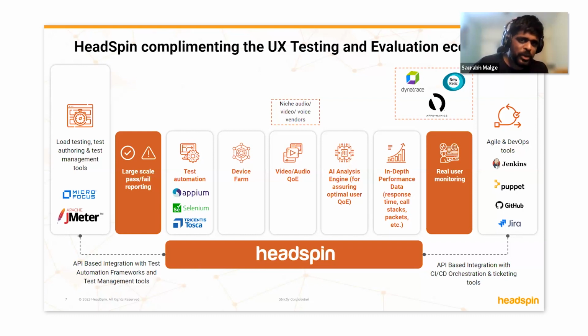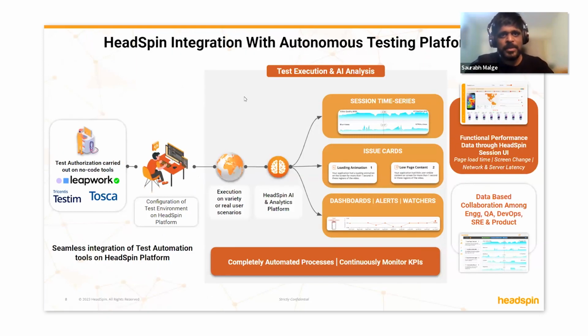A comprehensive view of where HeadSpin lies, basically across the entire end-to-end testing of your enterprise level applications, right? This is basically how we automate the entire testing of your enterprise level applications by integrating with a lot of no-code level tools and a lot of test platforms like Tosca, TestIM, or even LeapWorks, right?